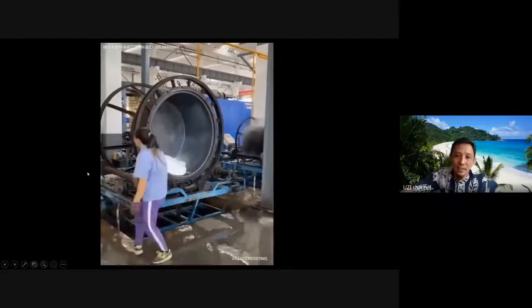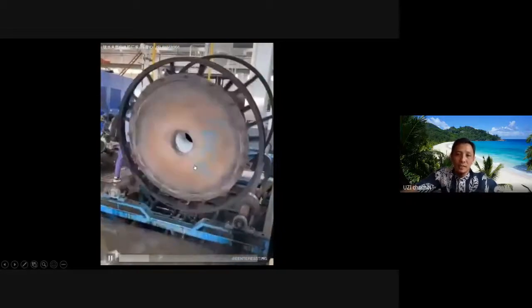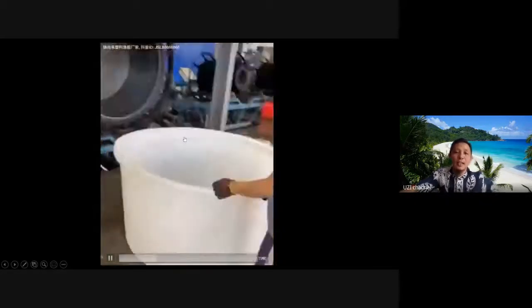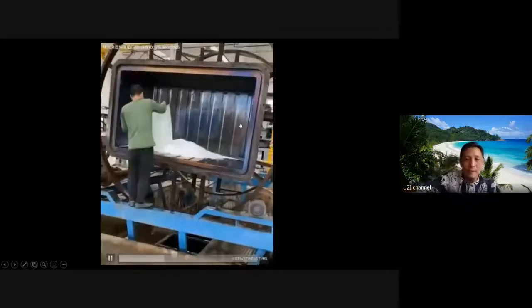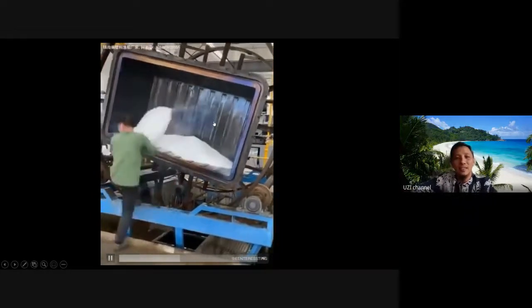See, this is the polymer raw material after it is inserted. You can see here several types of mold.